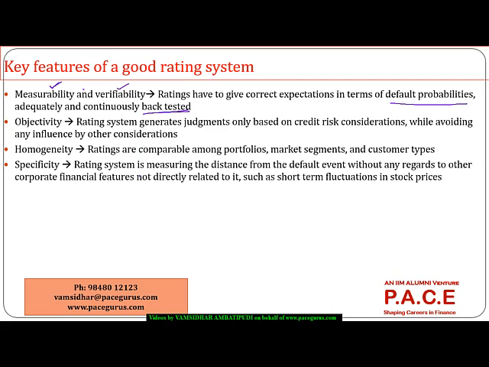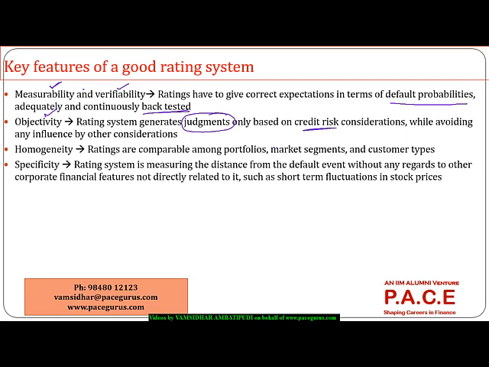So back testing should be continuously performed to ensure that whatever computation is done by the model is absolutely correct. Then a rating system should be as objective as possible. So there should not be any kind of subjectivity. The judgment relating to the credit worthiness should be purely based on credit risk considerations. It should not be influenced by any other biases.